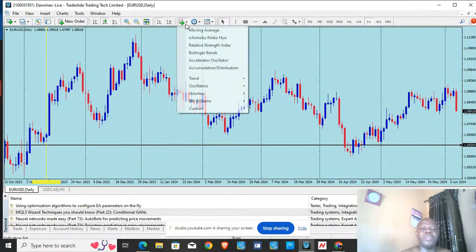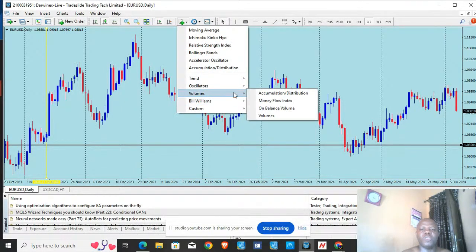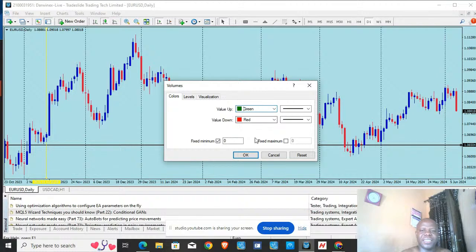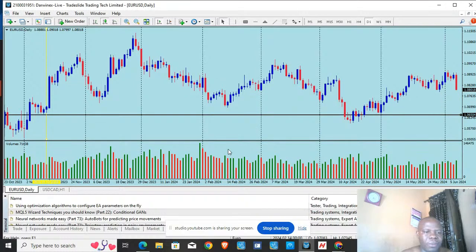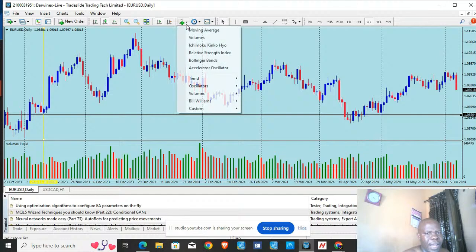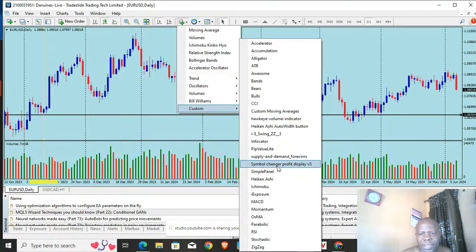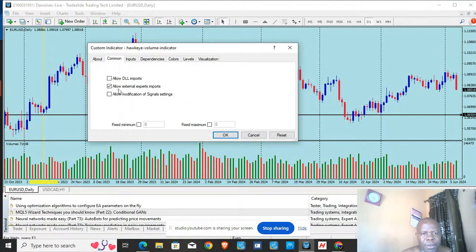This will help us through the use of what we call volume spread analysis. If you are using our volume now to check what is happening, I have volume. There's another volume I also have that helps me. This is called the Hawkeye volume indicator.